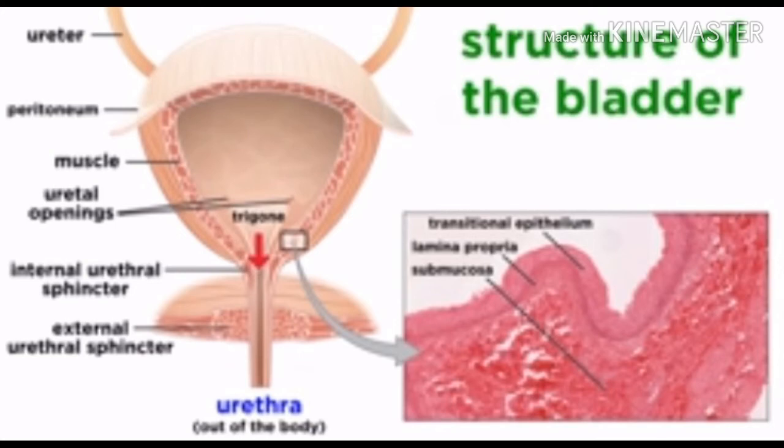The bladder is a highly flexible muscular sac with a region called the trigone, which continues to the urethra. As we saw, this system ends with the urethra, which is part of the male and female genitalia.